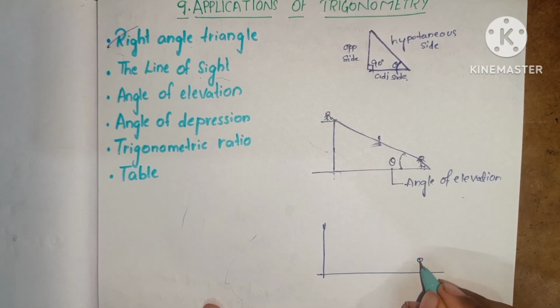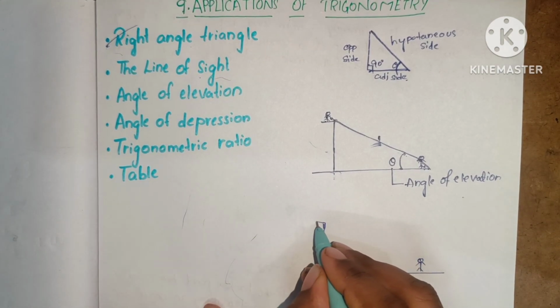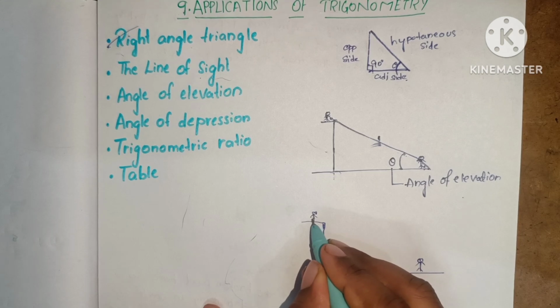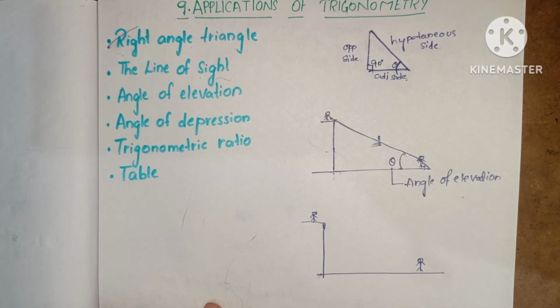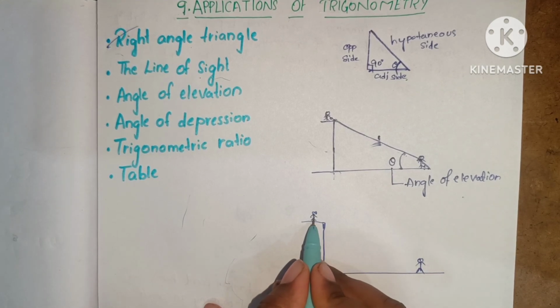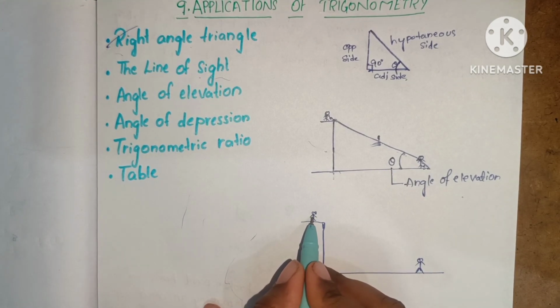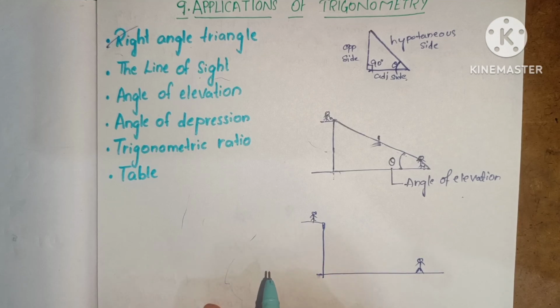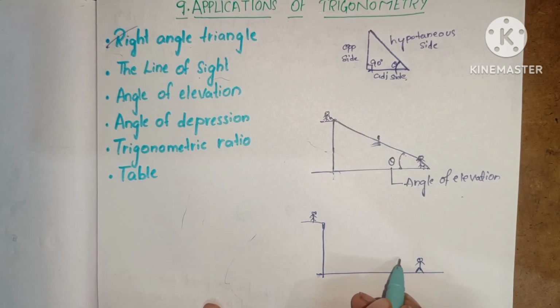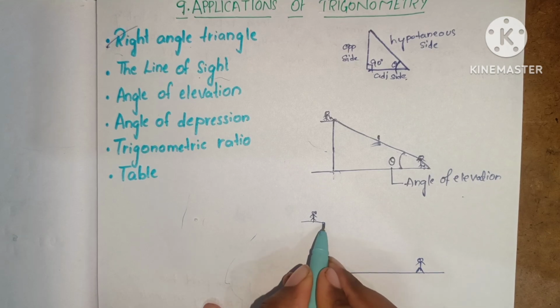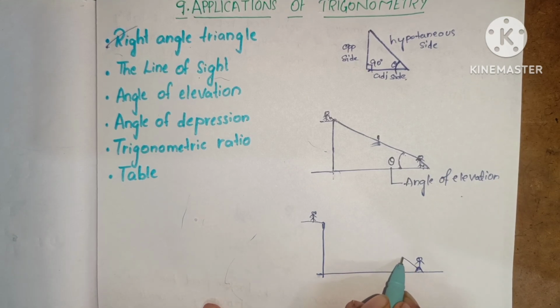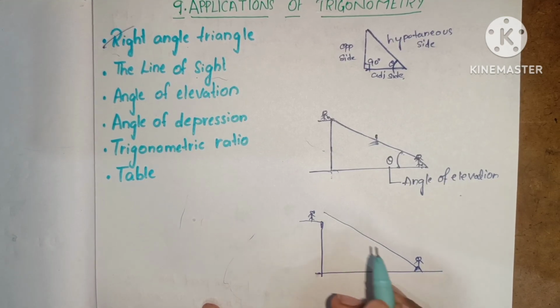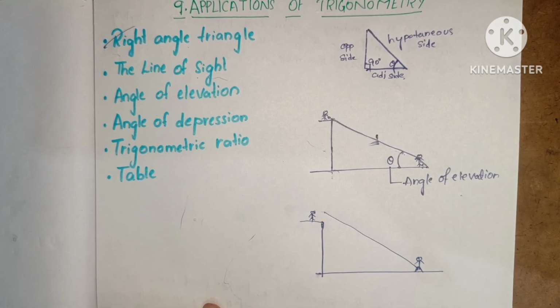Next, angle of depression. For example, again I denote the line as a building and the road as a horizontal line, and your friend was standing down and you were standing at the top of the building. Now in this case what will happen? The person standing at the top of the building will watch his friend who is standing on the road. There again one line of sight is created between the observer and the object.